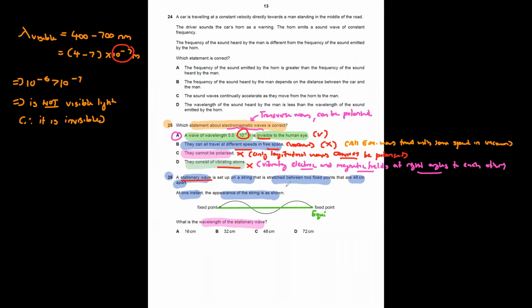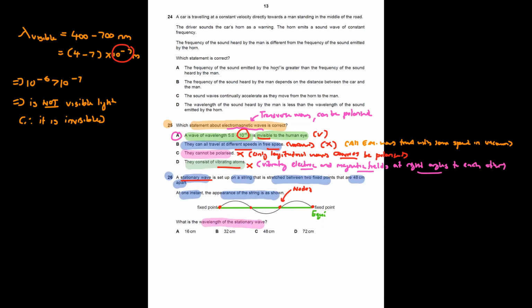This represents the equilibrium position of our waves. From here, we can identify the position of our nodes. These red points here would be our nodes. Let me redraw it properly. So the red points are your nodes. What do we know about the distance between adjacent nodes in stationary waves?